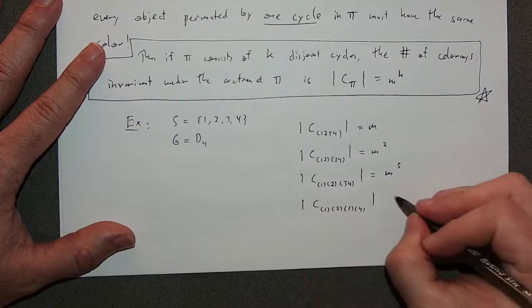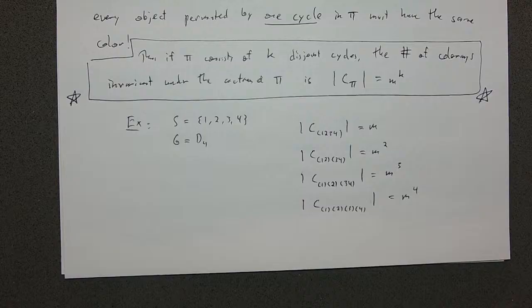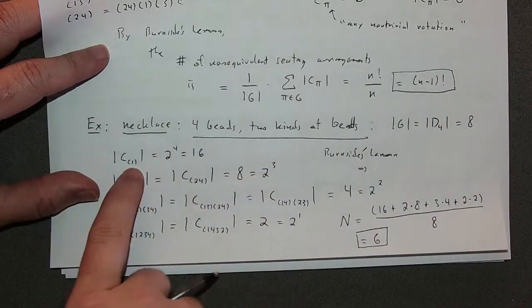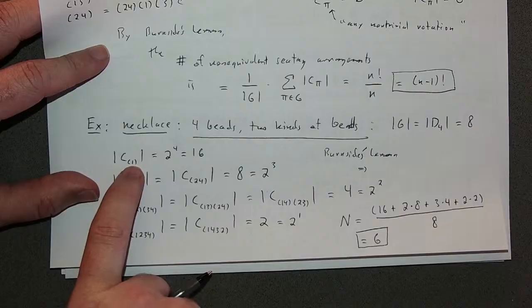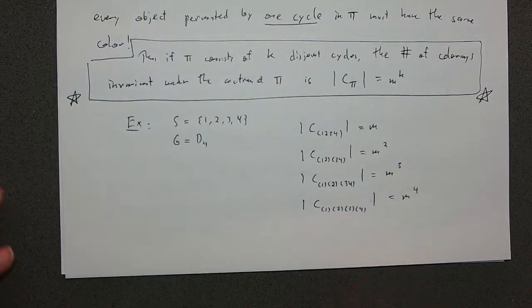These are 4 disjoint cycles, so this is M to the 4th. So if you were wondering in our examples going back why I wrote this as 2 to the 4th, well, there's 4 disjoint cycles here. It's just we were suppressing the notation. So we have to actually think of it like this so that we can count these in this way. We have to actually include the length 1 cycles when we do this.